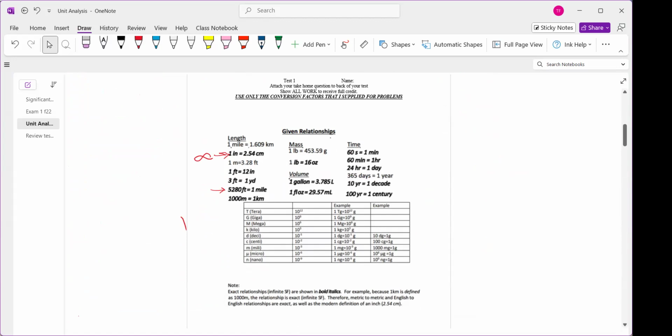In your lab packet, anything that has infinite sig figs is just italicized, and it's hard to tell whether it's italicized or not. This, I made bold. Additionally, I've improved the metric conversions as well. Okay, so let's do some examples here.